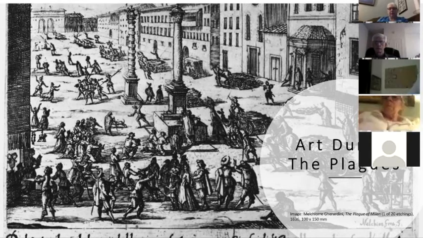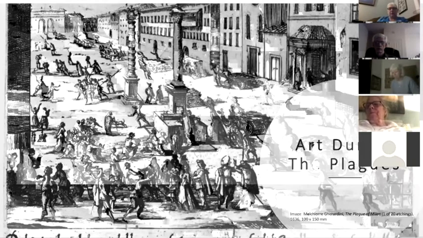This is Milan, and again, the parallels between COVID and the plague are very interesting. In October 1629 in Milan is the image we're looking at now. This is one of a set of 20 etchings that were produced by an Italian etcher.